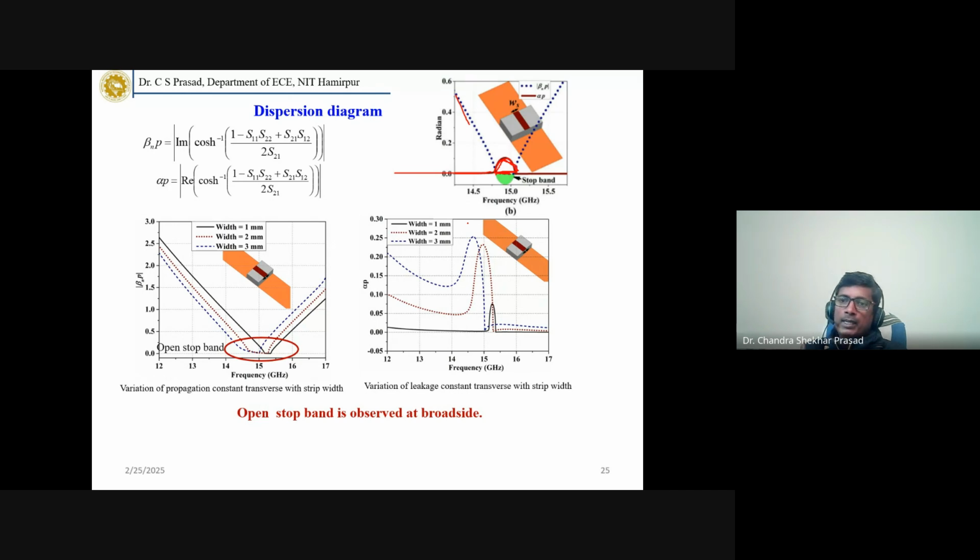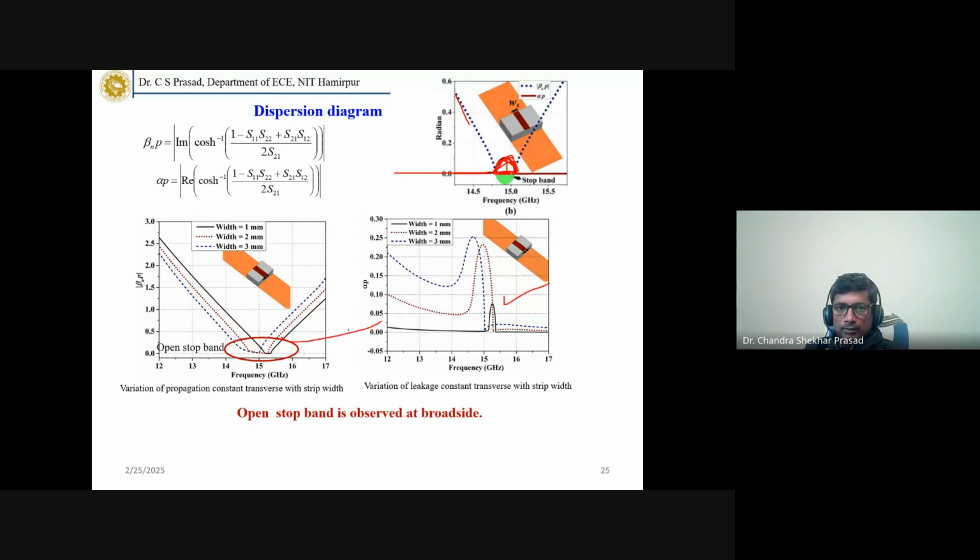It represents very high loss in terms of wave propagation, meaning the wave is not propagating properly. This is similar to when we discussed cutoff, the wave propagation before cutoff. So in this region we have the open stop band, and we have to mitigate this. So we discussed this for different parts.